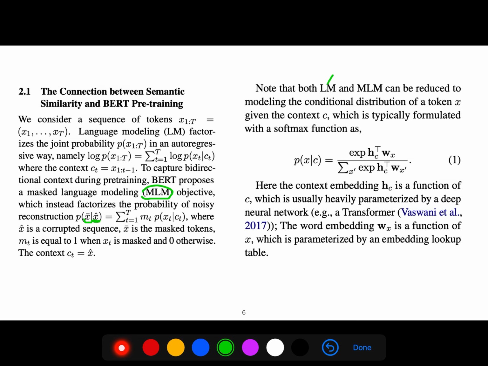So both language model and masked language model can be reduced to modeling the conditional distribution of a token given this context.